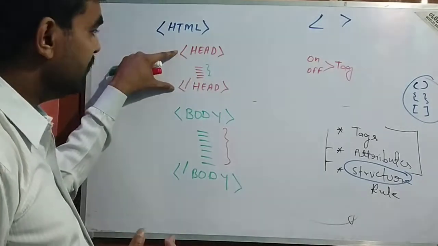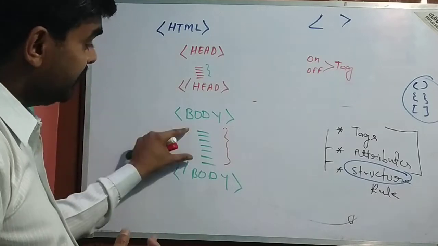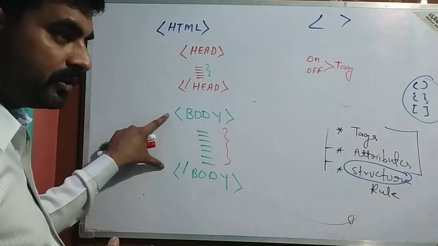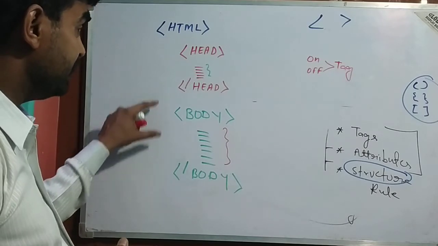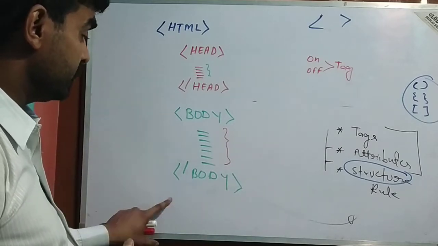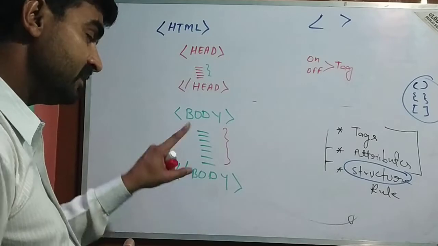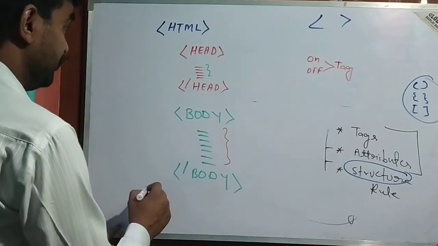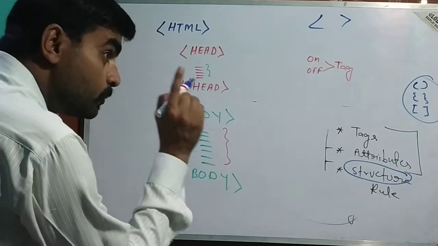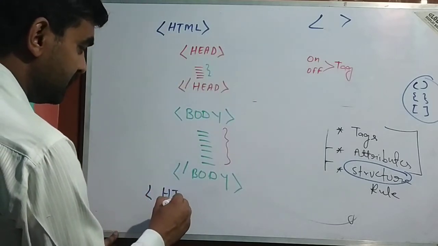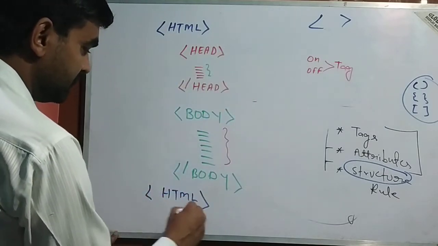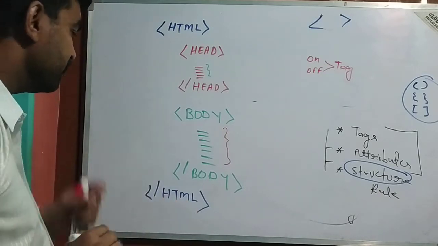So this is under the head tag and all these codes are under the body tag. And what is after this? After this a simple tag which is closing HTML. Closing HTML means HTML will be there but with a leading slash mark.